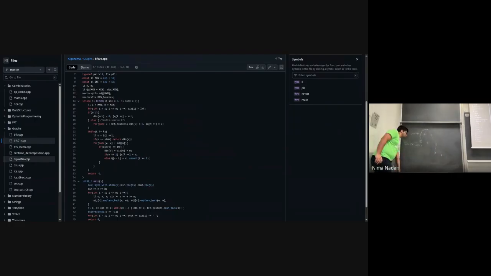Is this BFS? No, this is still DFS. The Euler tour starts from 1, then we go to 2, 4, back to 2, 5, back to 2, back to 1, 3, 6, 7, 6, 8, 6, 1. This is the Euler tour.